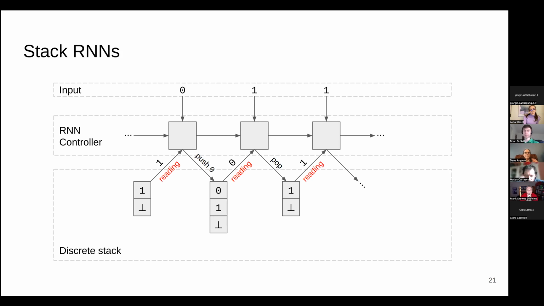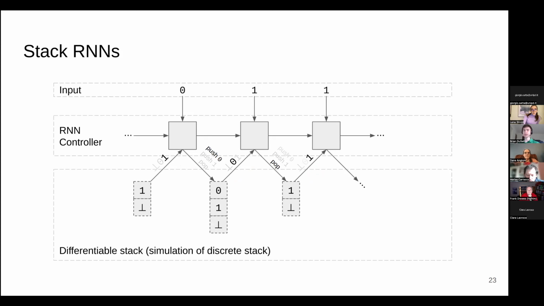Then the action is performed, so an element is added or removed. And the stack then returns the top element of the stack as an extra input to the controller at the next time step. We call this the stack reading. So there are two places where the controller and the stack interface. One is the stack actions, and the second is the stack readings.